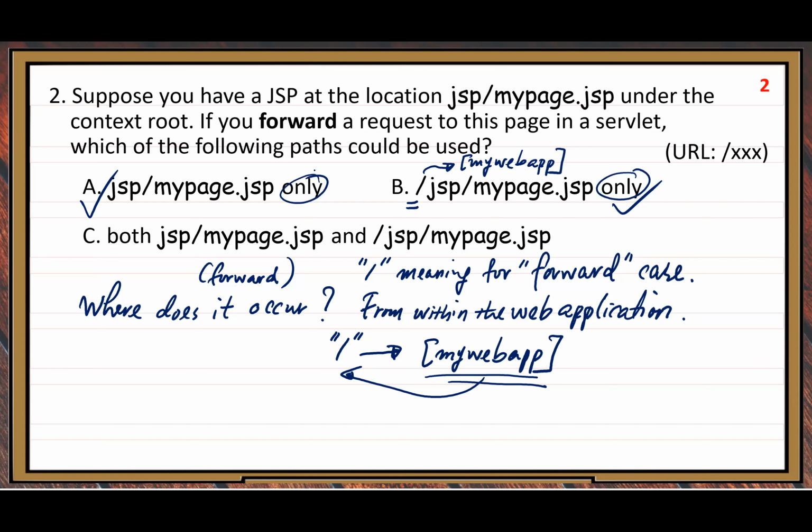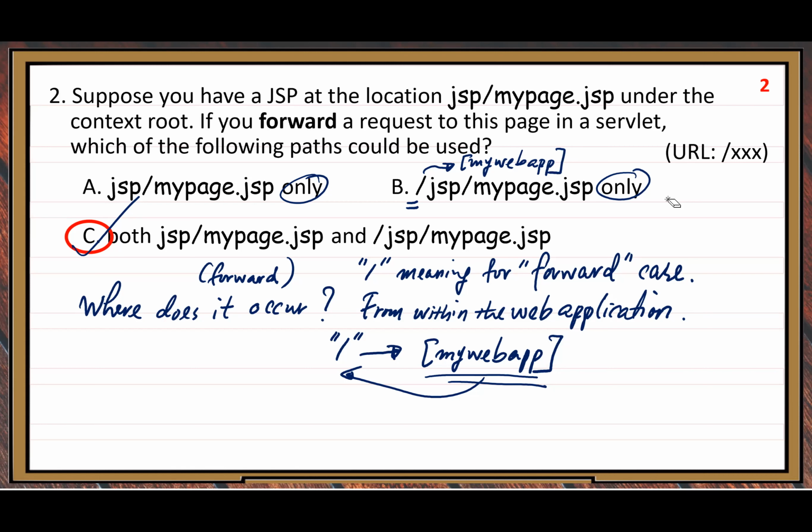That's why we should take C, because both are correct. A only, we cannot select, because B is also correct. B only, we cannot select either, because then we should select both.